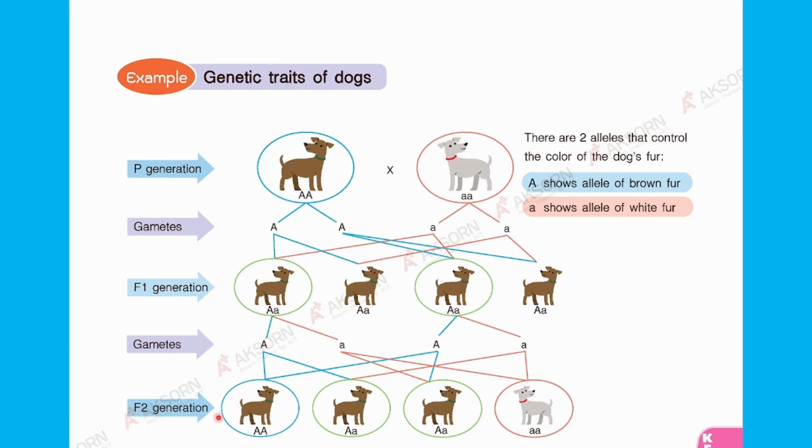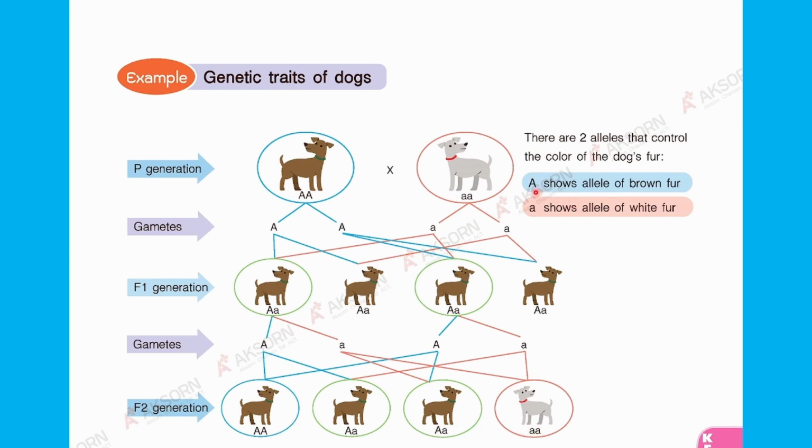F2 generation, we now have a mix of 2 capital A's, a mix of A's, an uppercase and a lowercase. Same here, an uppercase and a lowercase. And this one here has the 2 lowercase.